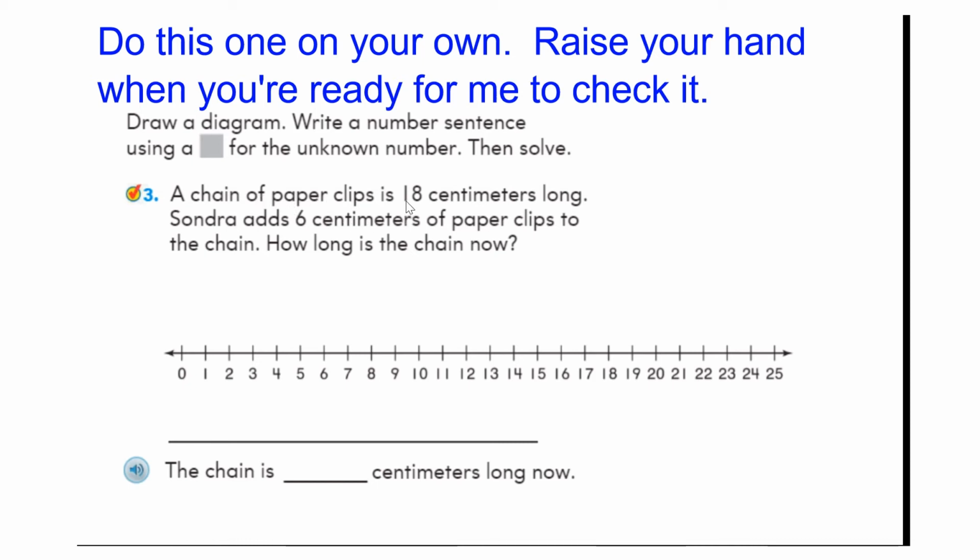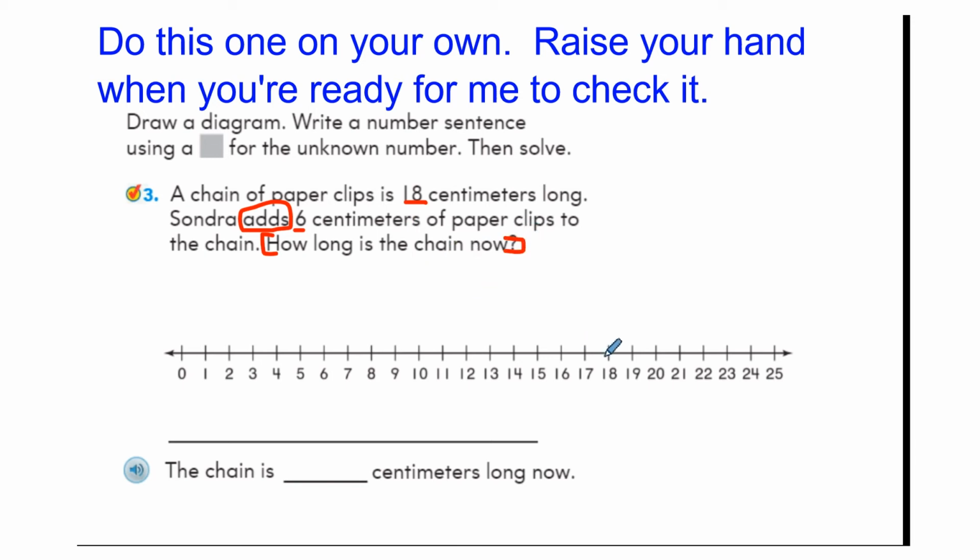A chain of paper clips is 18 centimeters long. Sandra adds, oh, well, that's a good word right there. It tells us exactly what to do. She adds 6 centimeters of paper clips to the chain, and the question that we have to bracket is how long is the chain now?